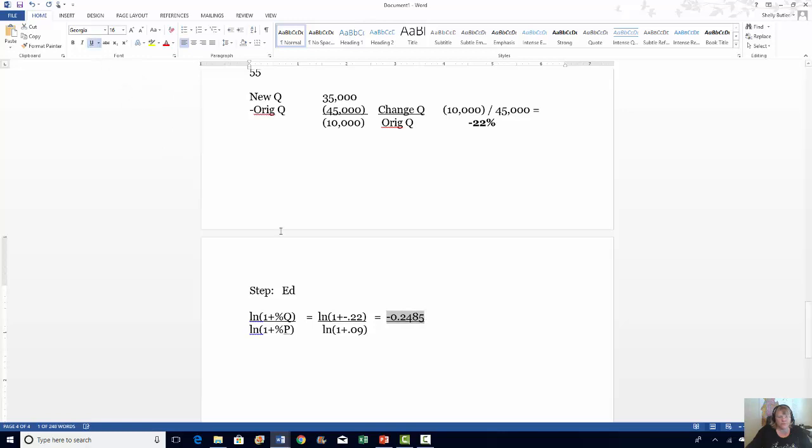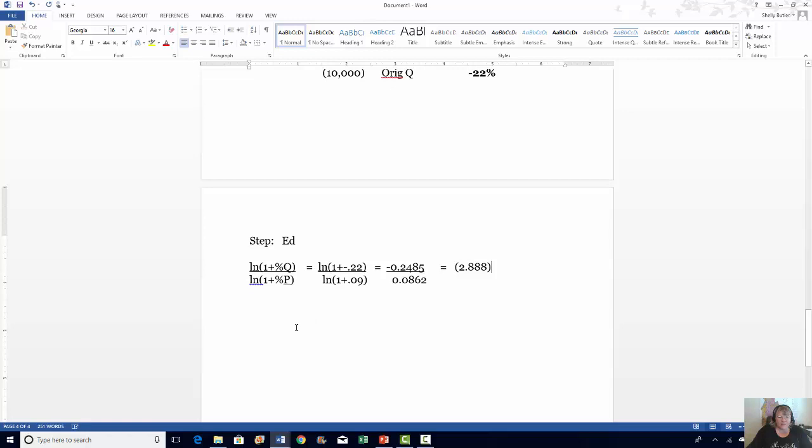It's pretty simple. And 0.0862. Okay. And this equation is going to give you a total of negative 2.888. We're going to use that.